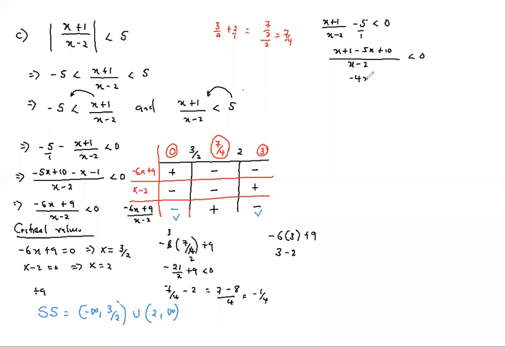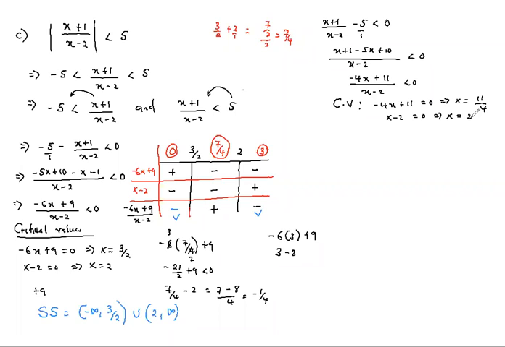This is negative 4x plus 11 over x minus 2 less than 0. Again, we get the critical values: negative 4x plus 11 should be 0, implying that x is equal to 11/4. And the other one, x minus 2 is equal to 0, implying that x is equal to 2.